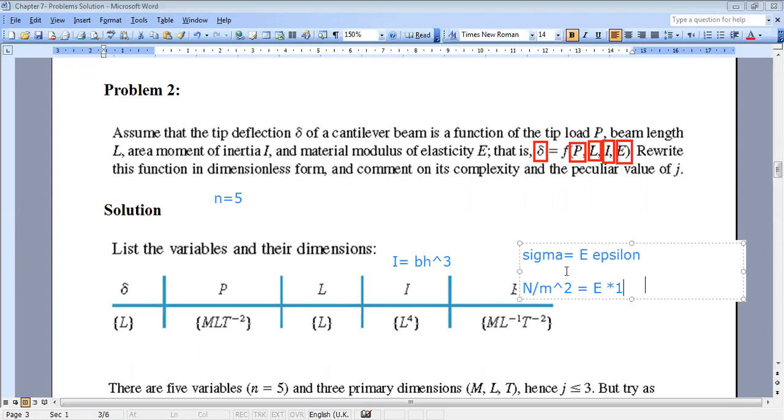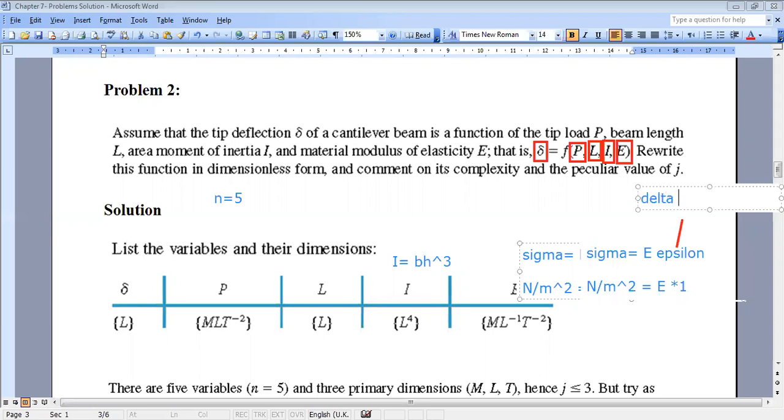Now for the modulus of elasticity E, if you have taken a material course, you know that E can be found from this relation: sigma equals E times epsilon. Epsilon is without unit, because epsilon is defined by delta L over L, so it's length over length, which gives a unit of 1.